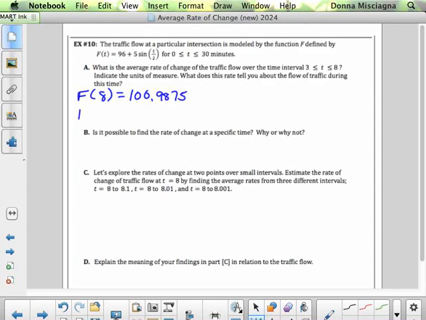And then f of 3, or excuse me, I'm sorry. I wrote f of 3 next to f of 8 because I plugged that first in the calculator. So f of 8 was 92.2159, and f of 3 was 100.9875.